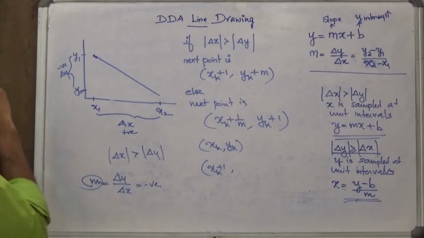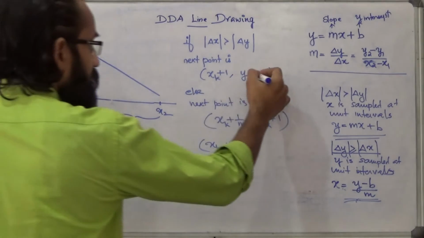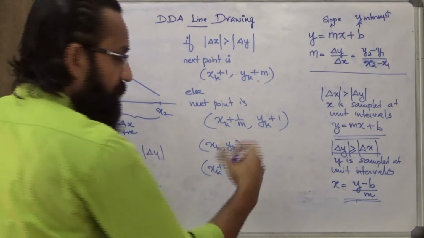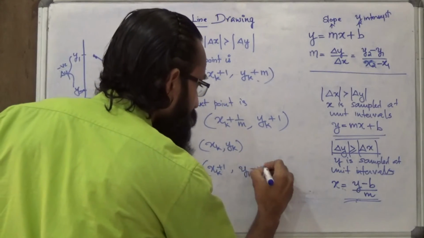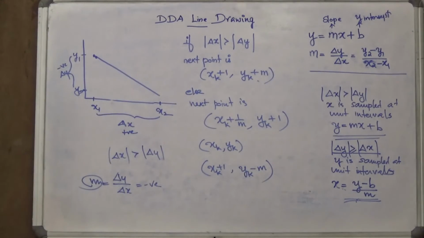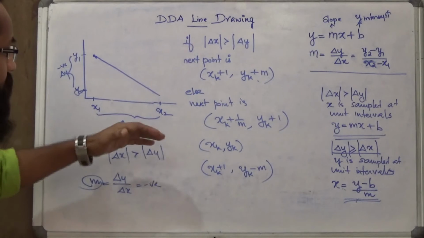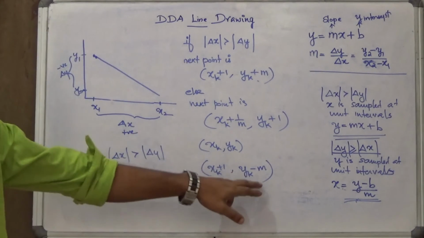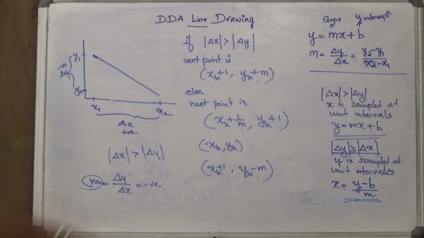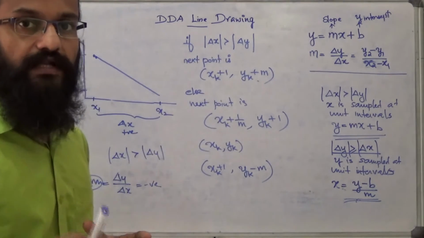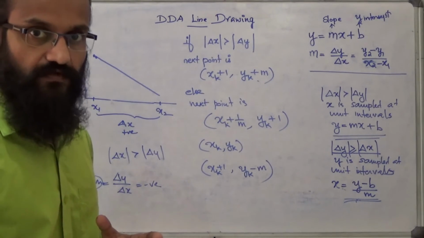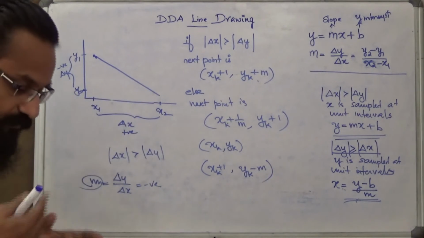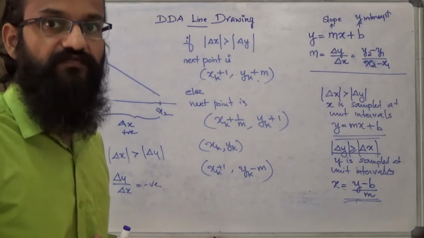So m value will be negative, and this will turn to yk plus some negative value, that is minus m. So if we move from left to right, x gets incremented by 1 and y gets decremented by the value of slope. So this strategy will work for lines with positive slope and negative slope, with modulus of delta x greater than delta y, or modulus of delta y greater than or equal to modulus of delta x.